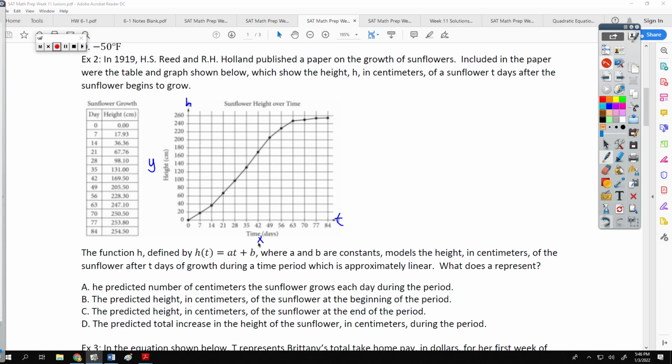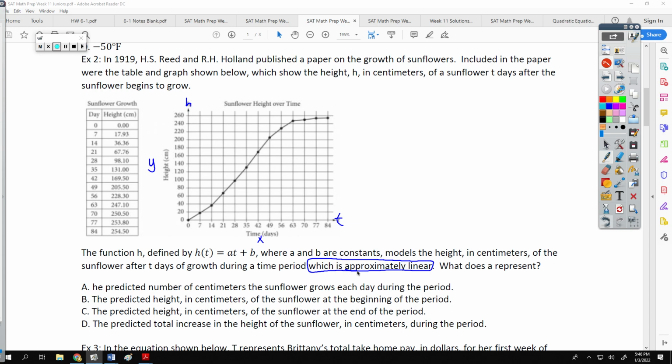It says the function h defined by h of t equals at plus b, where a and b are constants, models the height in centimeters of the sunflower after t days of growth during a time period which is approximately linear. Those are some key words right there.